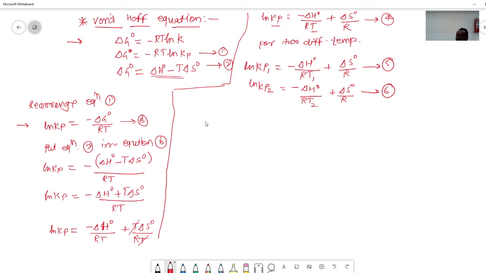Now subtract equation 5 from equation 6.